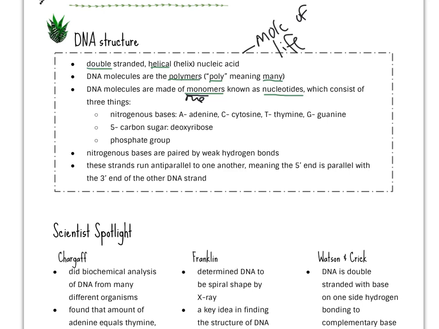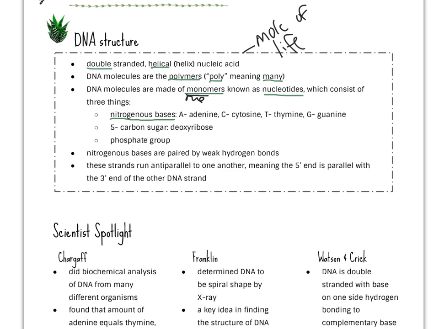And these nucleotides are made of 3 things, and they form a nucleotide. So these 3 things are, the first one is nitrogenous bases. Nitrogenous, meaning that they consist of nitrogen, okay? So you can say nitrogenous bases, or a lot of times you'll just hear me say bases.